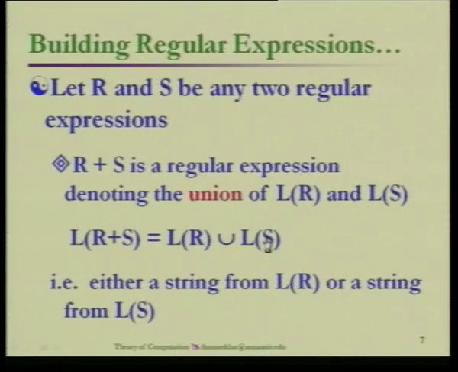So, the regular expression we want for describing L of R union L of S is R plus S. It means you write the first regular expression R, followed by the operator plus, followed by the second regular expression.